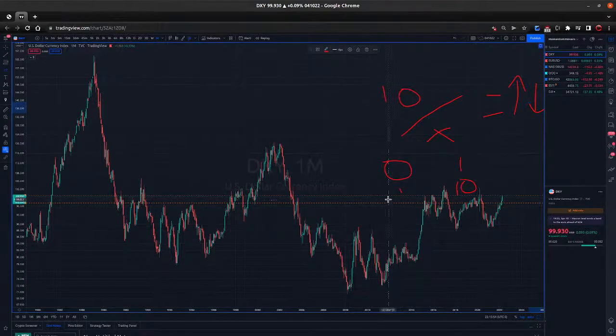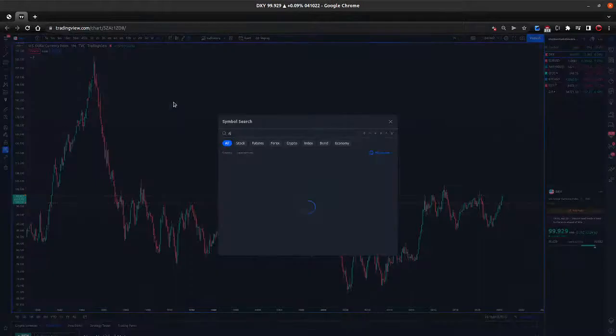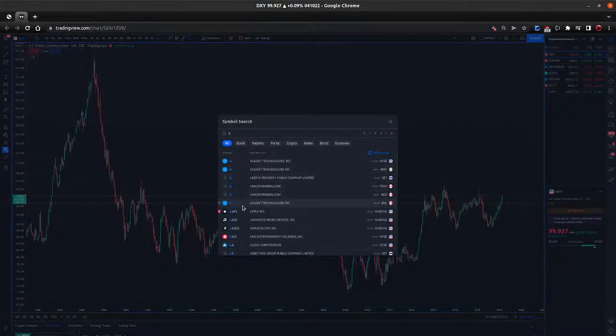We don't have to get all fancy into it, but basically everything is denominated in dollars. If you look at a cryptocurrency like Bitcoin, it's not just Bitcoin, it's Bitcoin USD or USDT, which backs the dollar, which tracks the dollar.